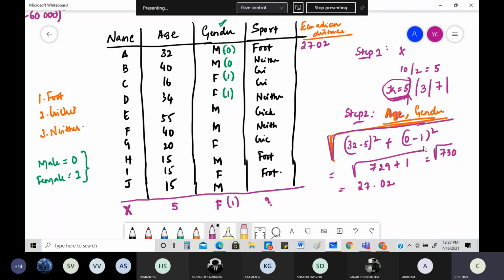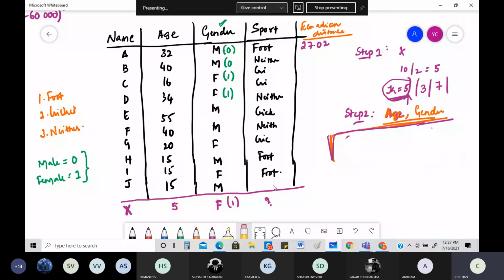Like this, you need to figure out for each and everything. If I do it for the next one, what is going to happen? I'll write it here itself. What is the next thing you got? 40 minus 5 the whole square, the age I'm talking about, plus the gender, 0 minus 1 the whole square. 35 whole square plus 1 whole square.